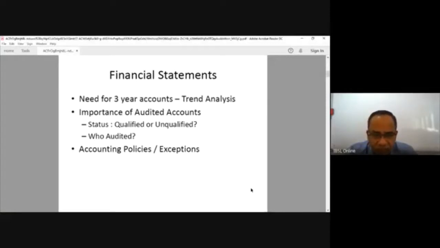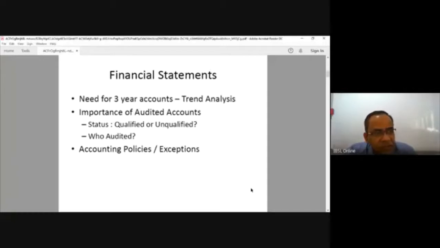Qualified or unqualified. And we will also look at who the auditors are. Sometimes, with big companies, recognized auditors would have audited because their charges are high, like KPMG, Ernst & Young, PwC.